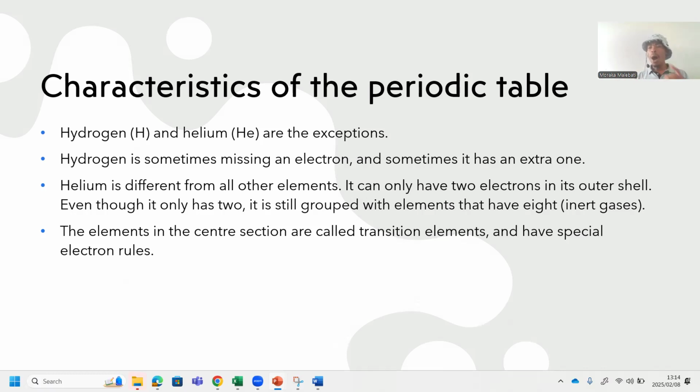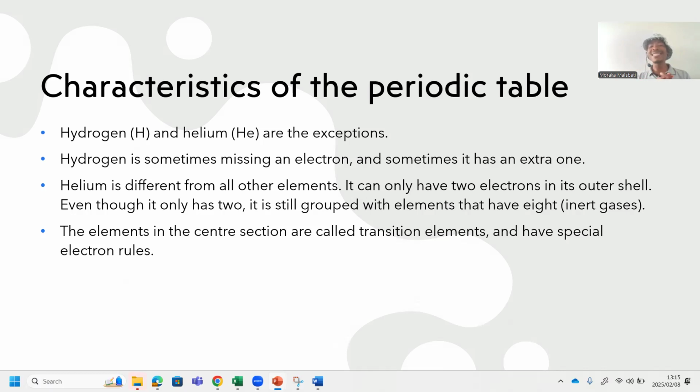But helium, although it's sitting in group 18, or group 8, with everything else reaching their octet state, being happy, being inert and unreactive, this helium is happy with only two electrons in its outermost shell. It reaches its octet state like that.